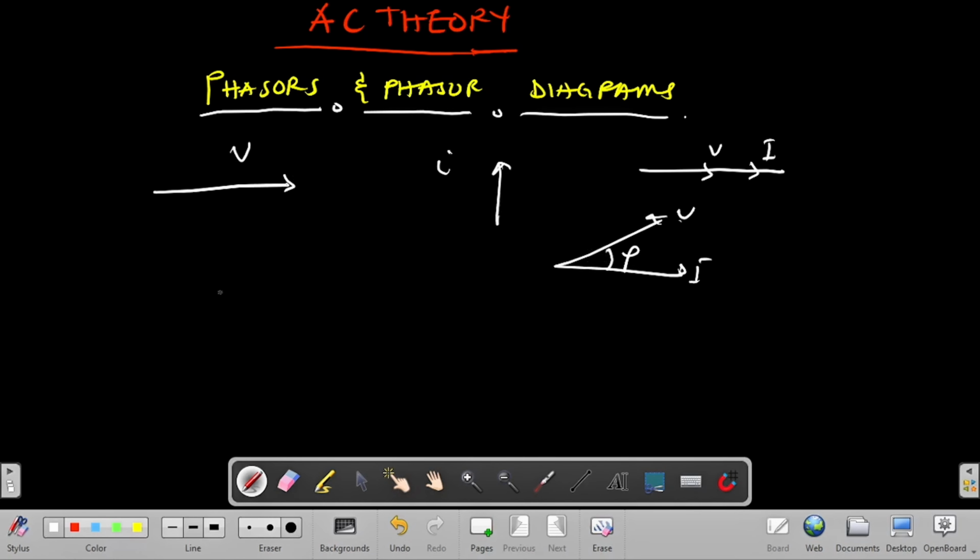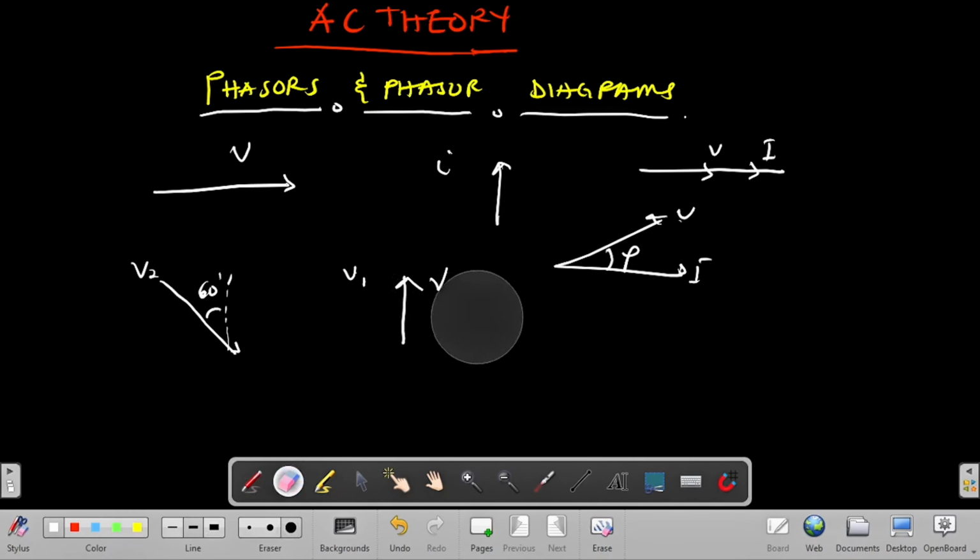Okay, so now let's see this nice scenario. I have a phasor V2, which is separated from the vertical by 60 degrees. I have another phasor V1 which is vertical. Right now, the problem is, what is the phase difference between V1 and V2?